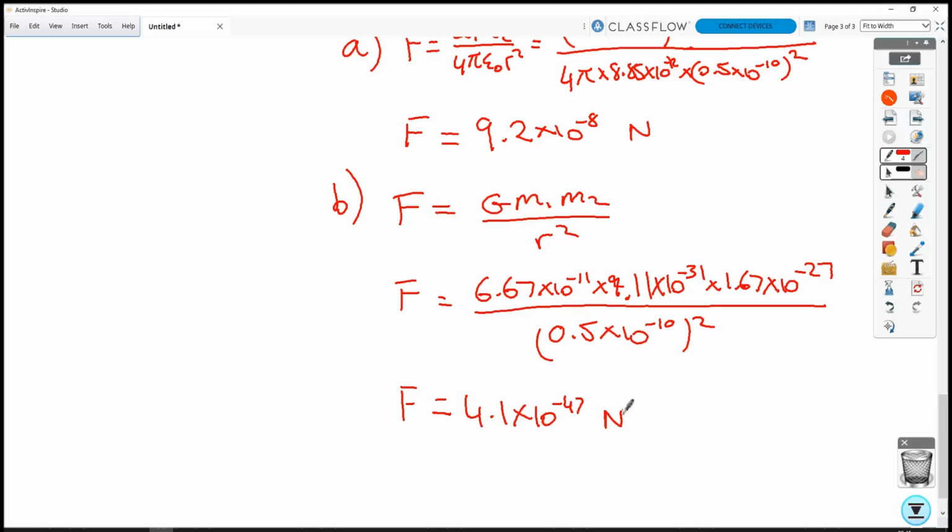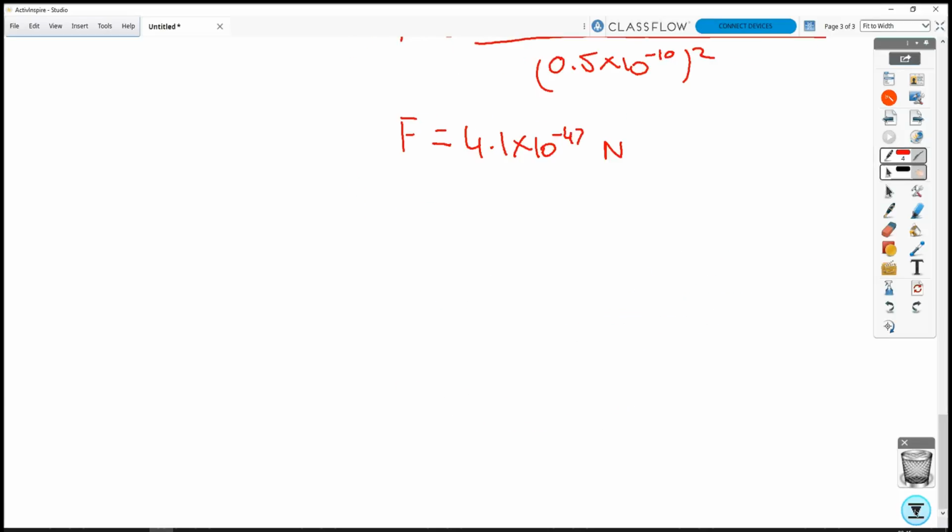So now we're going to do part C. Now, remember I said I'm not going to give you the exact value for the diameter of the atom. We're just going to estimate it. So these values we just calculated are sort of ballpark figures. However, if we find the ratio between them, it's not going to be a ballpark figure. It's actually going to give us the ratio between how strong an electrostatic force is compared to the gravitational force within an atom.